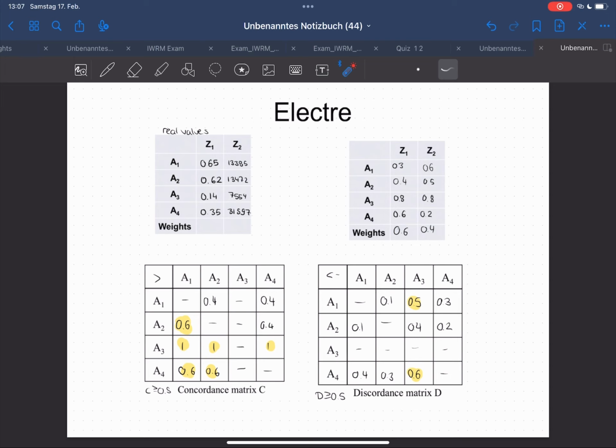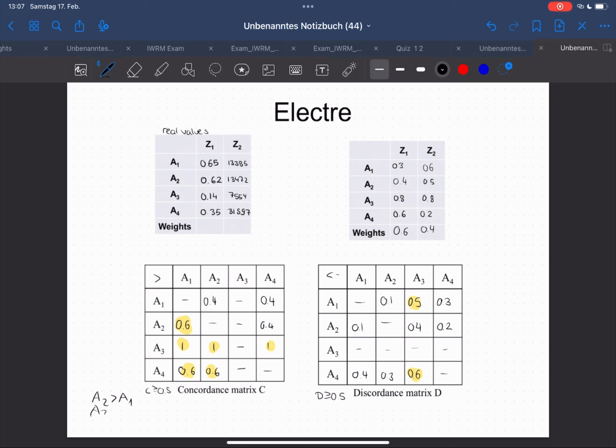So now we're gonna start to compare the different criteria, and we do that by looking into the different cells which are colored. So for example, this one. This one is A2 is taller than A1. So we can write down A2 taller than A1. Then this one is A3 is taller than A1.